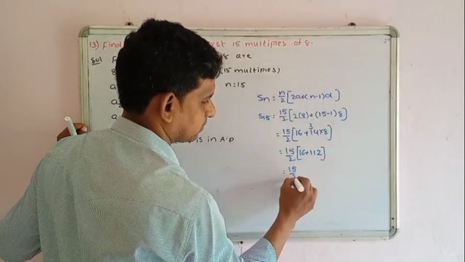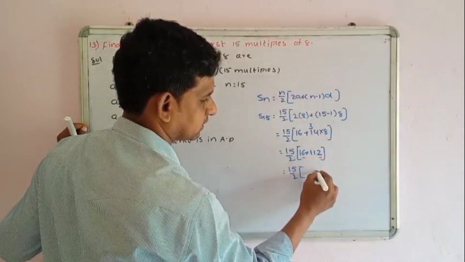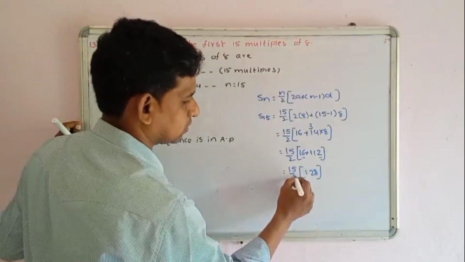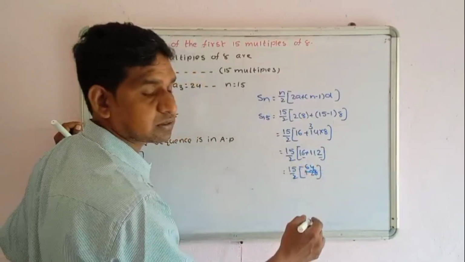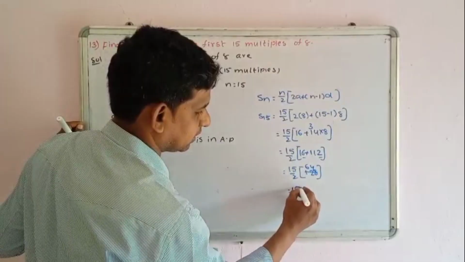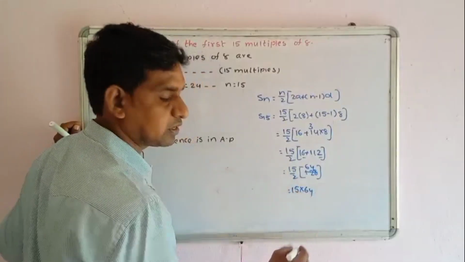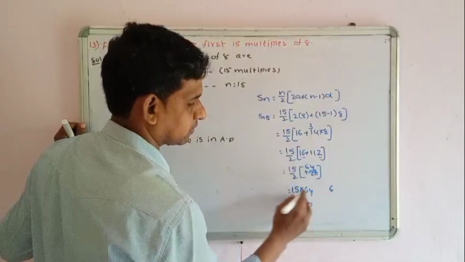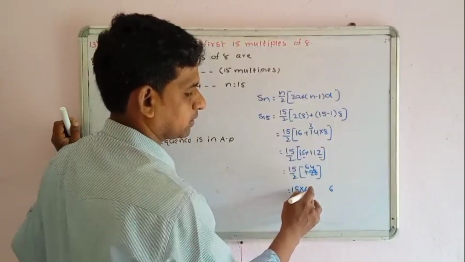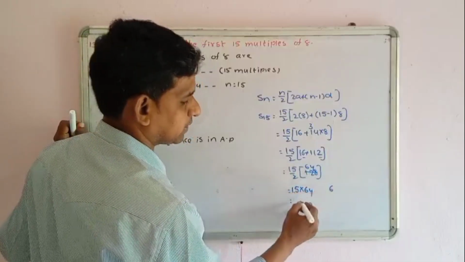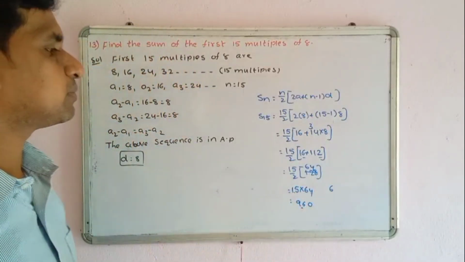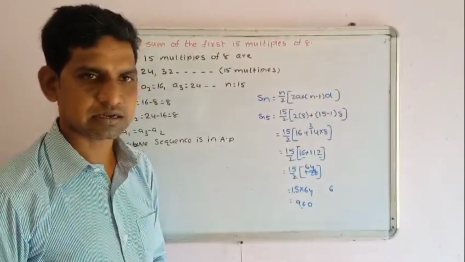So 15 by 2 into 128. 2 goes into 128 sixty-four times, so 15 into 64. 15 4s are 60, 15 6s are 90, 90 plus 6 is 96. So the sum of the first 15 multiples of 8 is 960.